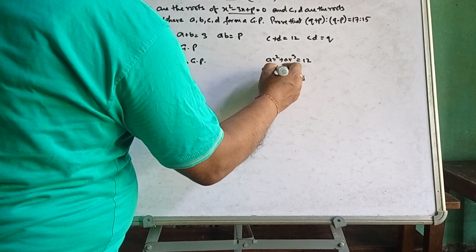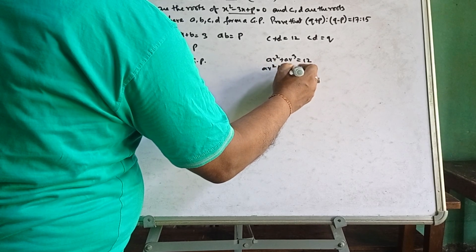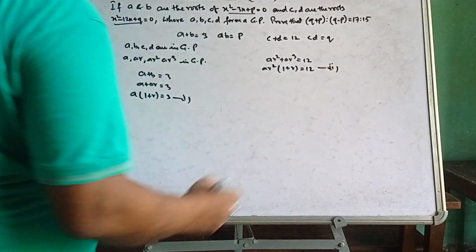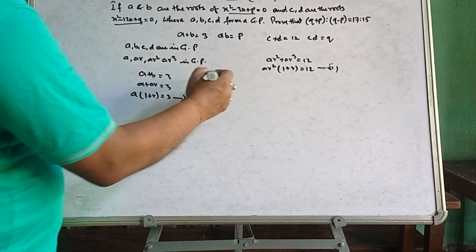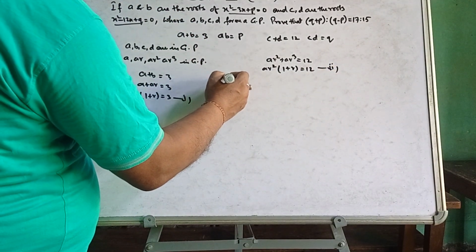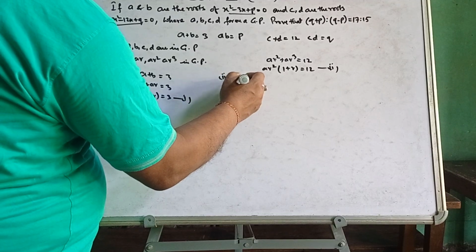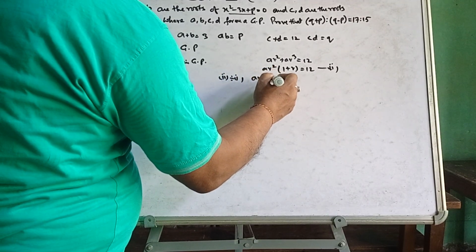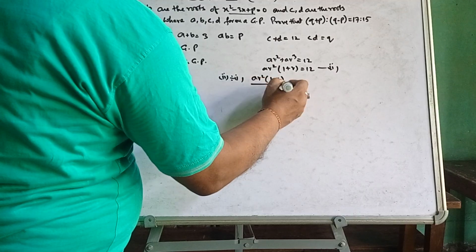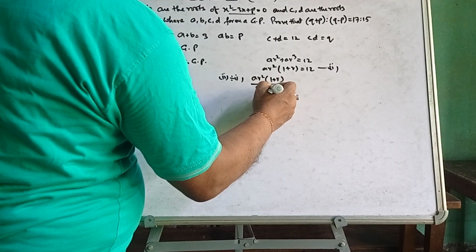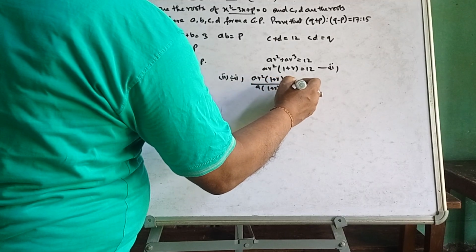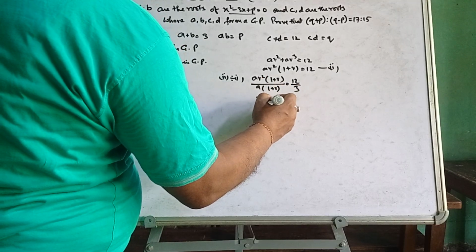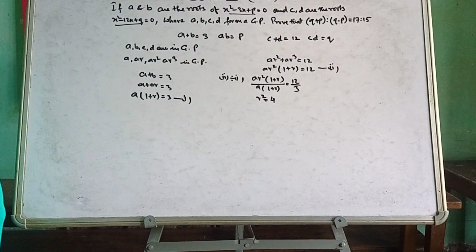Your ar square common. ar square times (1 plus r) is equal to 12. This is equation 2. Now 2 divided by 1, you are going to get ar square (1 plus r) by a (1 plus r) is equal to 12 by 3, cancels out. r square is equal to 4.